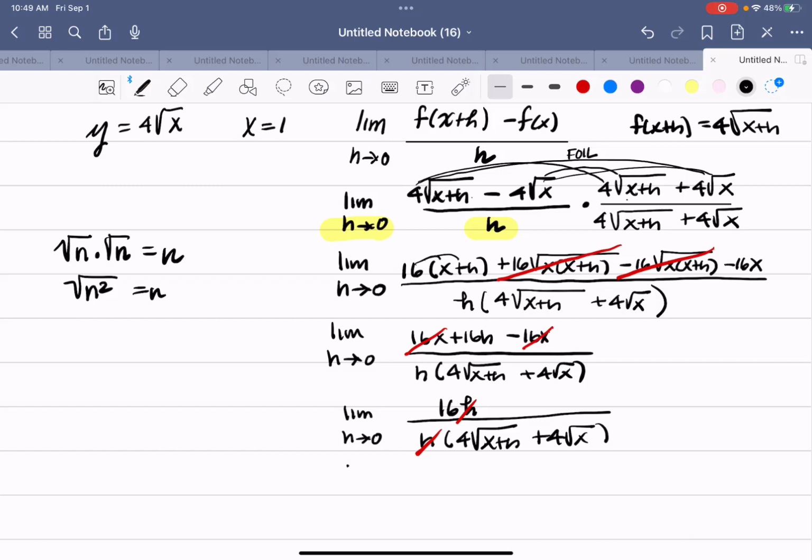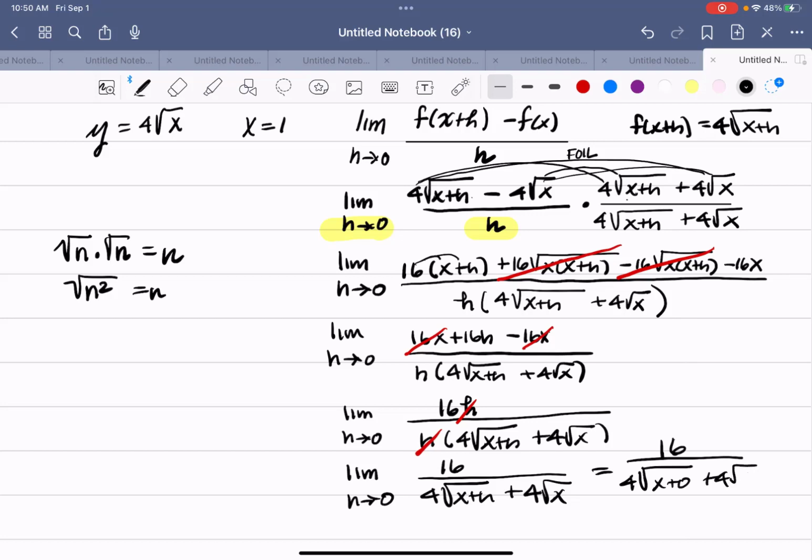And so that gives me the limit as h goes to 0 of 16 over 4 square root of x plus h plus 4 square root of x. And the good news is now I can put in h as 0 and I won't get a 0 denominator. So it's 16 divided by 4 square root of x plus 0 plus 4 square root of x.